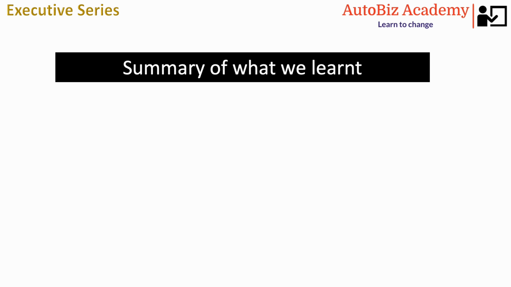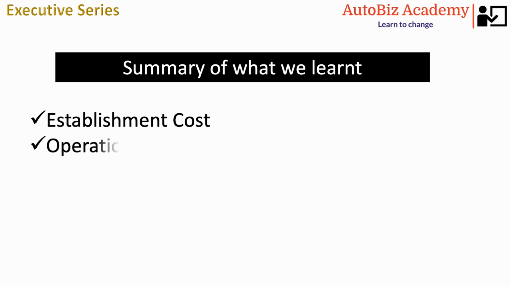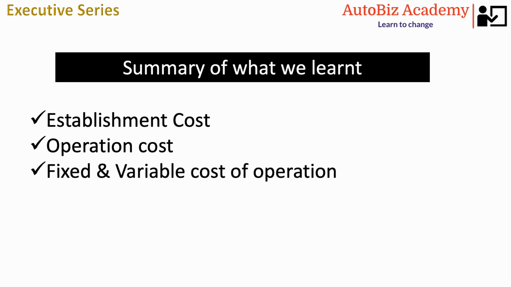Now let us summarize what we learned in part 1 and part 2 of my training session. The first is establishment cost. We have explained what the establishment cost is. Then operation cost. After that, we learned fixed and variable cost of operation.